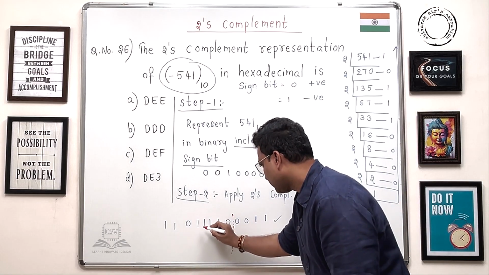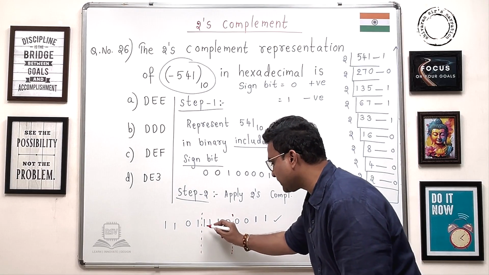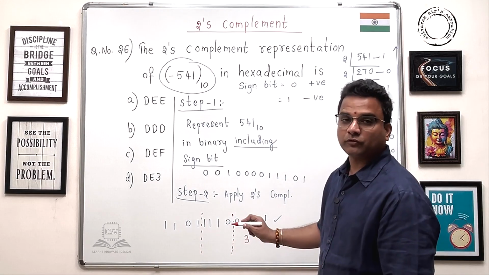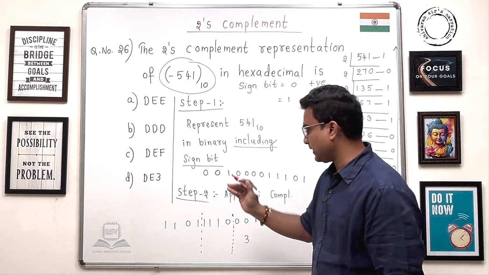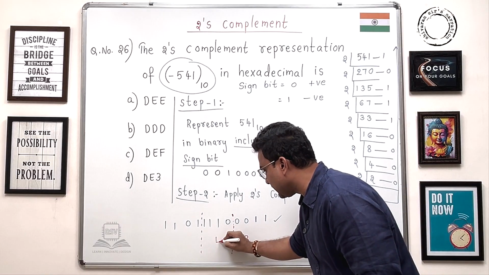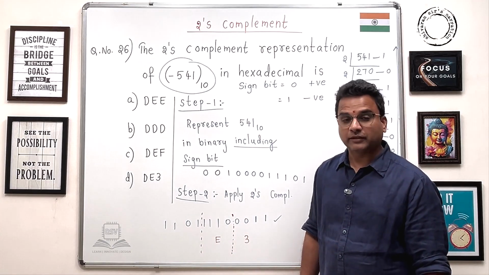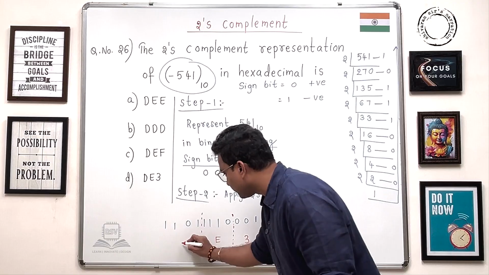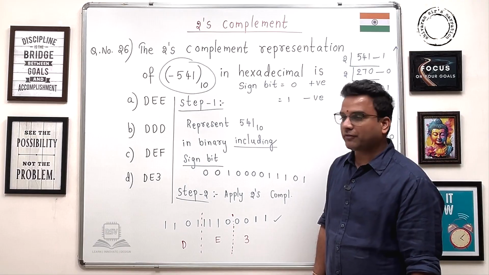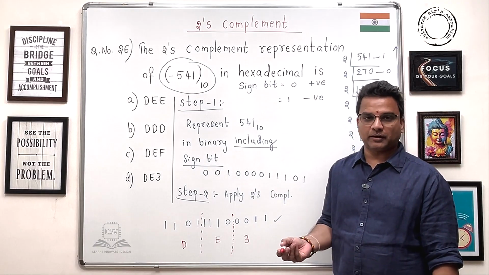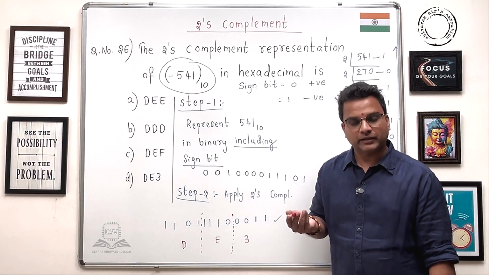This one, 1110: 8 plus 4 plus 2, 12 plus 2, 14. That is A, B, C, D, E. So it is E. Similarly, 1101: 12 plus 1, 13, means D. DE3. Hence, minus 541 base 10 in 2's complement representation in hexadecimal form is DE3.